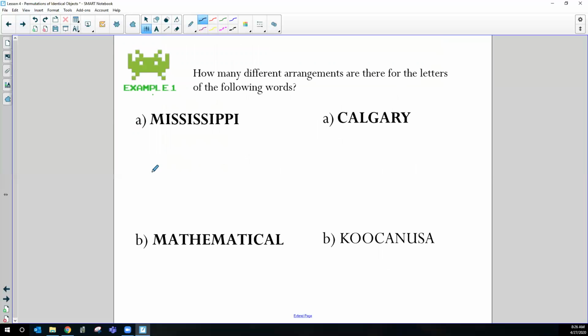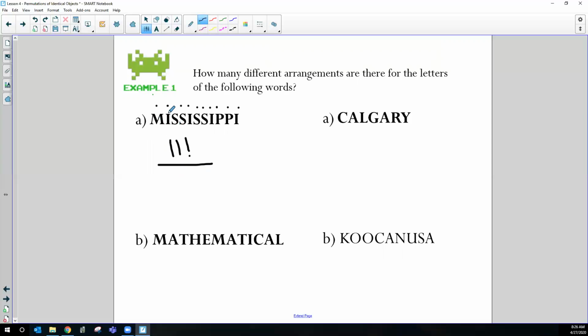Mississippi. Let's use the formula we did on the last slide. Let's count how many letters we have: 1, 2, 3, 4, 5, 6, 7, 8, 9, 10, 11. So we have 11 total letters. But now we see that the I's, the S's, and the P's repeat, so we are going to have to divide by those.